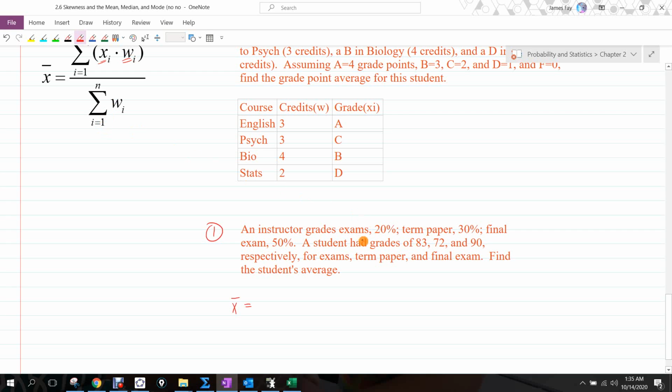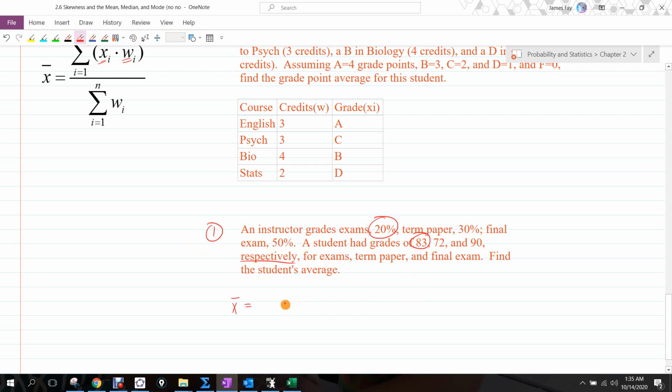When it says respectively, this is something we talk about in geometry. That means in the order that they were identified. So when it says 20% as the exam grade, that was the first percentage given, match that with the first grade given. So 20% and 83.